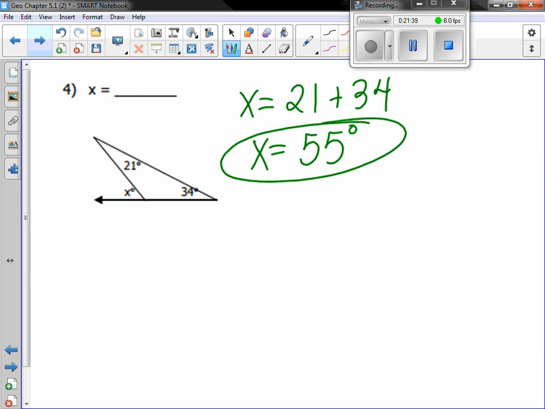We will reach a part of the chapter where we talk about polygons, four-sided figures, because once we hit four-sided and higher, we can have parallel lines. And that can help us see what some of the angles are. But we haven't gotten there yet.